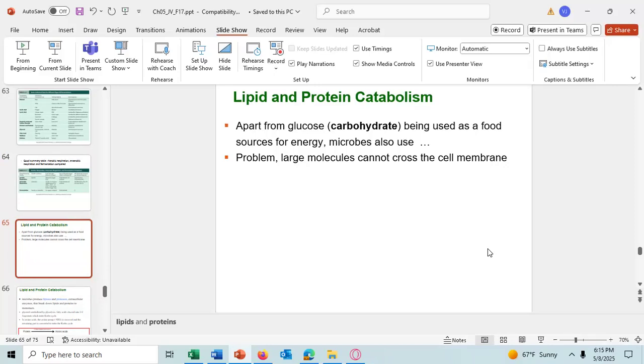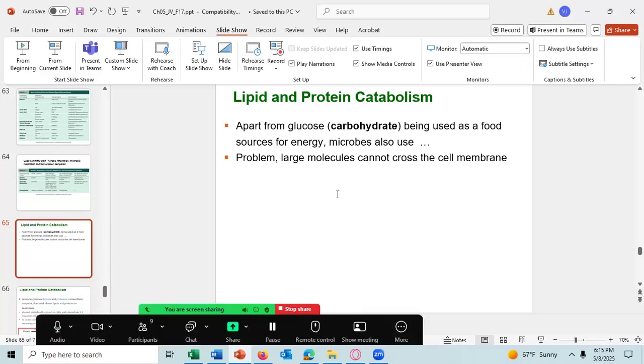They can be burned and used by aerobic respiration. However, there is a problem with lipid and protein metabolism, and that is proteins and lipids tend to be very large molecules, and these large molecules cannot cross the cell membrane.